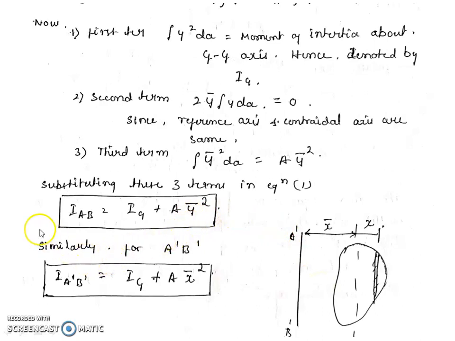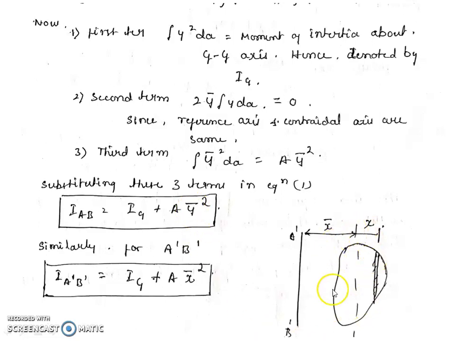So from the parallel axis theorem, the moment of inertia with respect to an axis AB is equal to the moment of inertia with respect to the centroidal axis plus the area of the lamina multiplied by the perpendicular distance squared, that is the distance between the centroidal axis and reference axis.